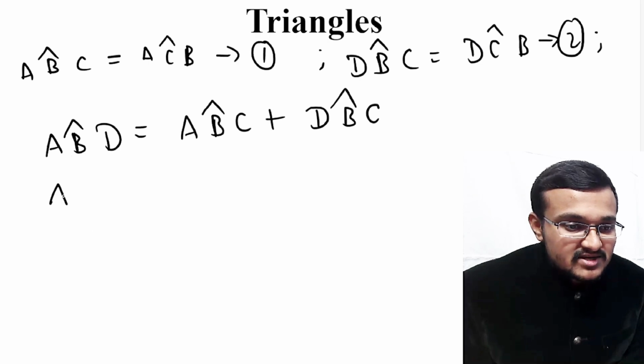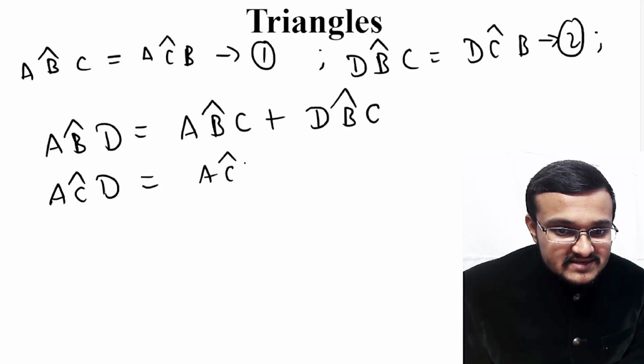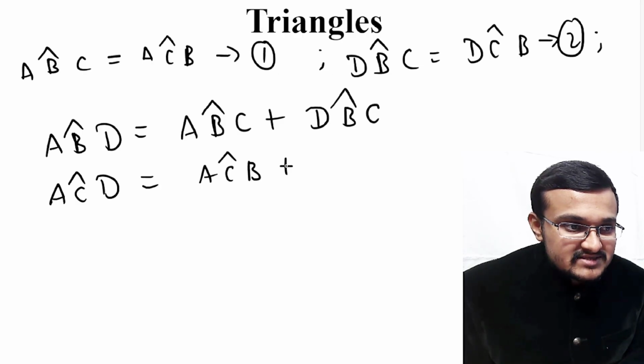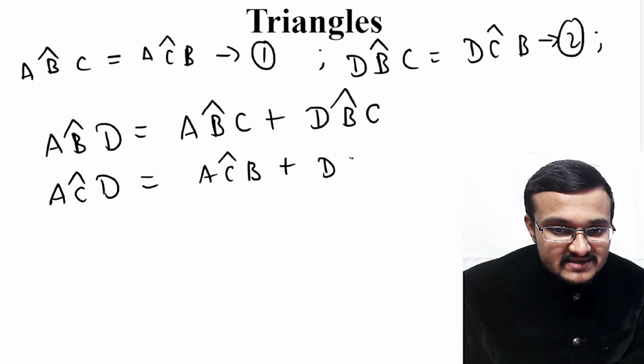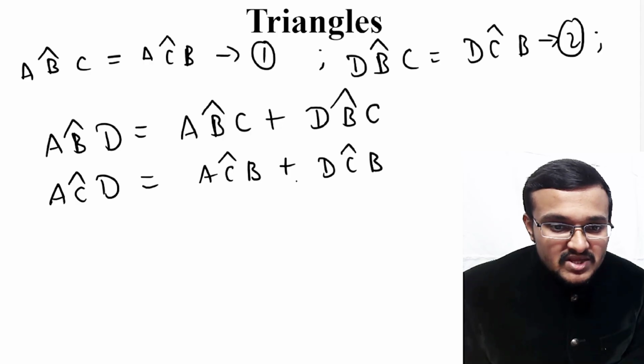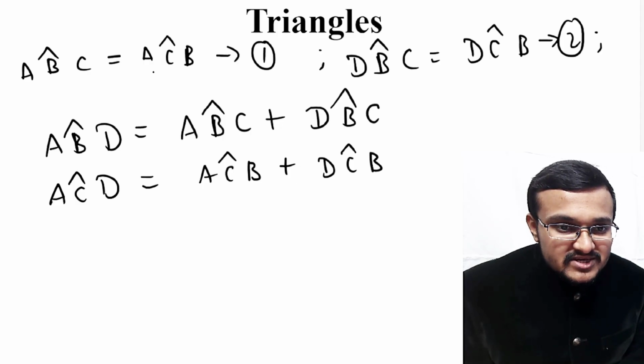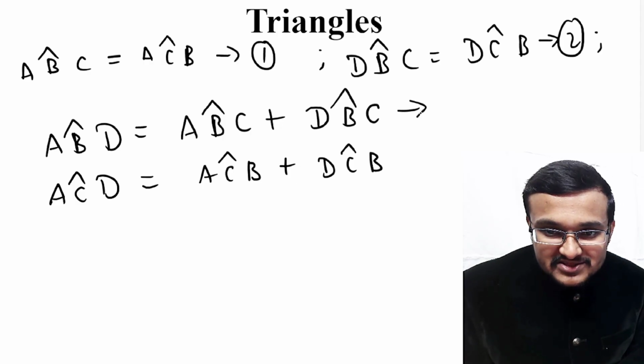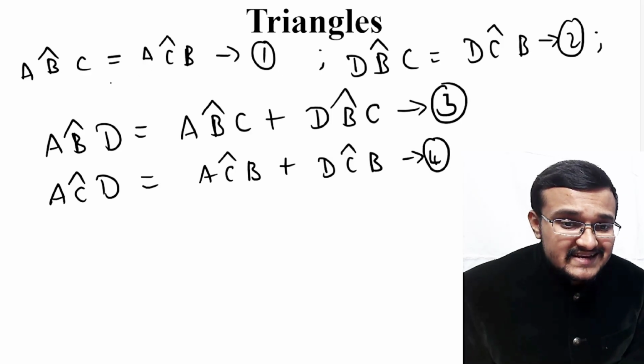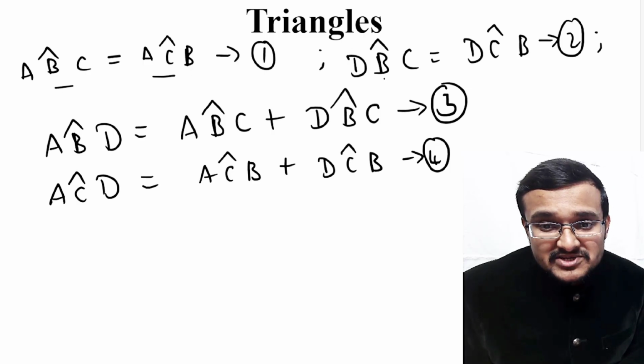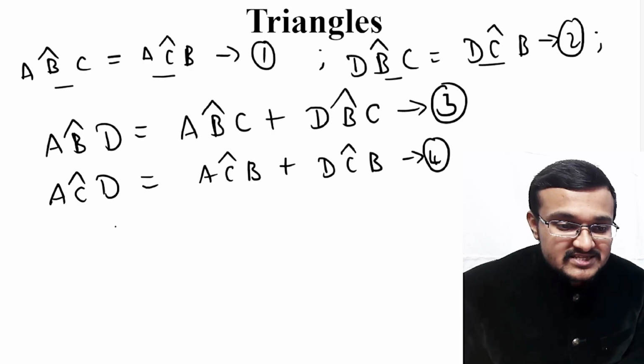So the total angle ACD is equal to angle ACB plus DCB. Let me call this equation 3 and this equation 4. You can see in equation 1 we have ABC is equal to ACB and in equation 2 we have DBC is equal to DCB.